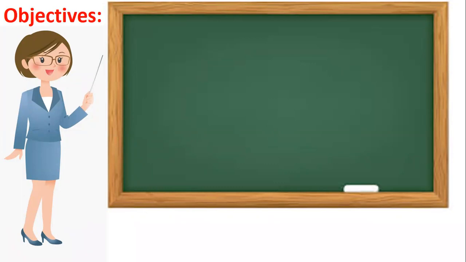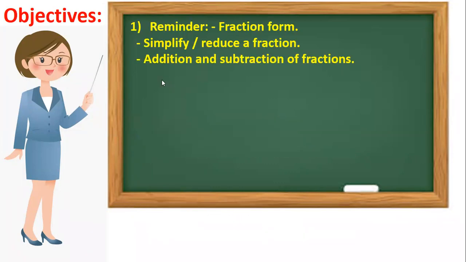So in this lecture, we have many objectives. Objective number 1, as a reminder, I will remind you of the fraction form or how to write a fraction in mathematics, or what do we mean when we say a fraction. Then I will remind you how can we simplify or reduce a fraction.